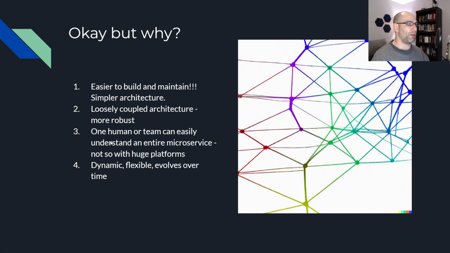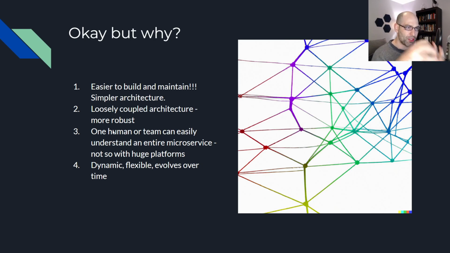Another key advantage of microservices is that you as one human cannot understand the entirety of a huge platform like Amazon. You can, however, understand one microservice, or actually several microservices. Generally speaking, a Scrum team will be responsible for 3 to 7 microservices.